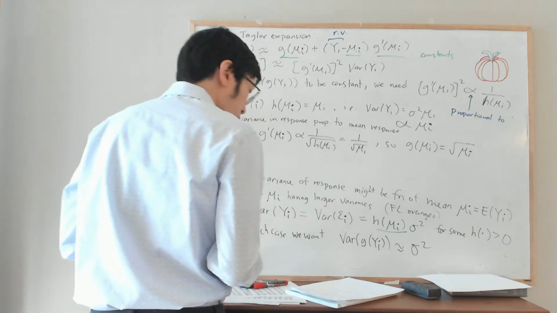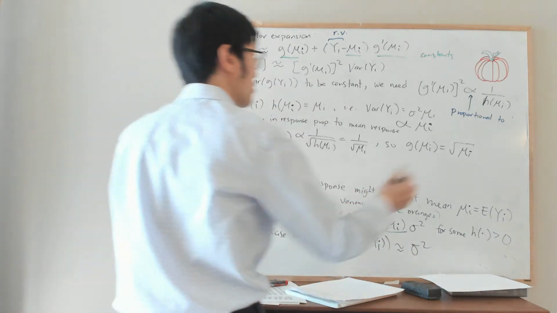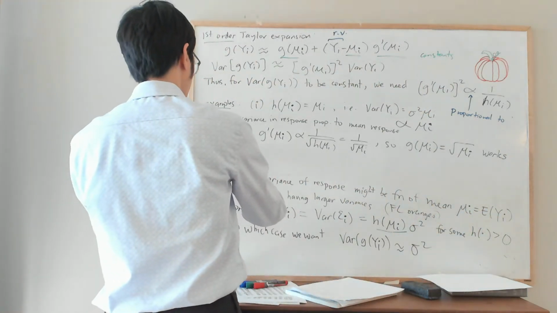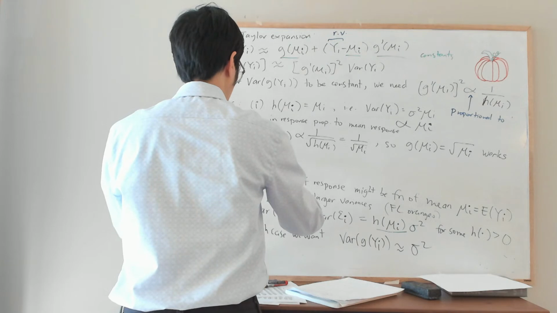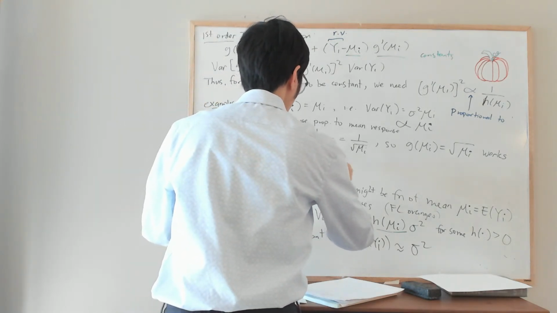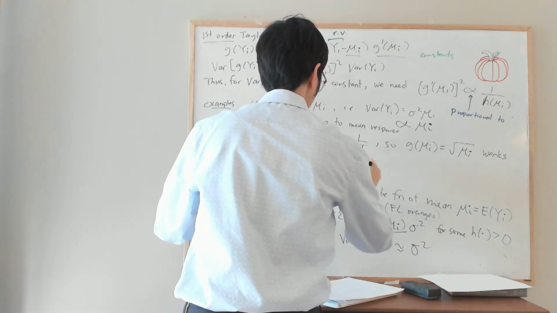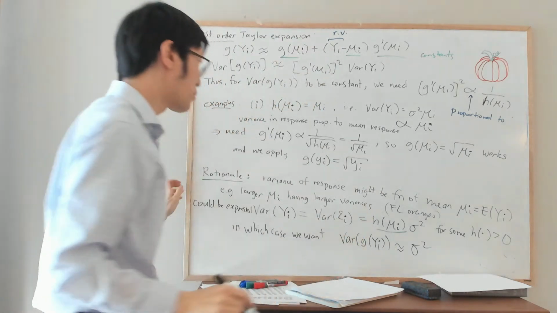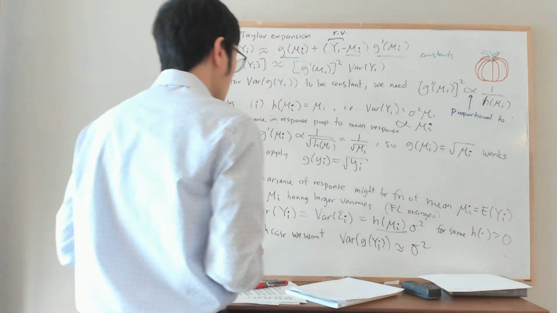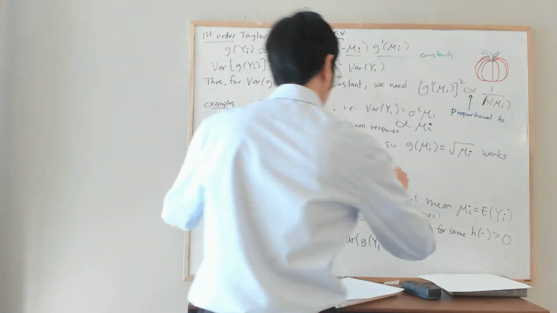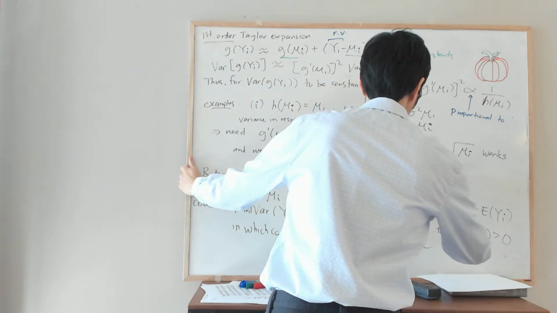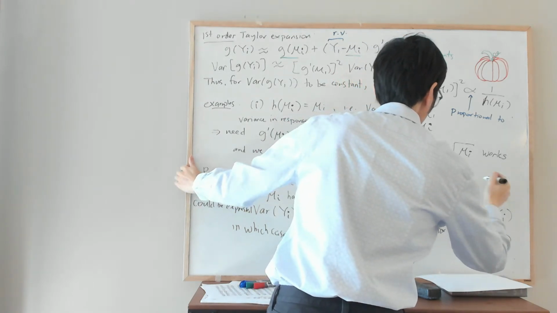Therefore, this works, and we apply the transformation g of y i. So take all the responses and take the square root of all of them, and then fit the regression model using square root y i as the response to obtain approximately constant variance.